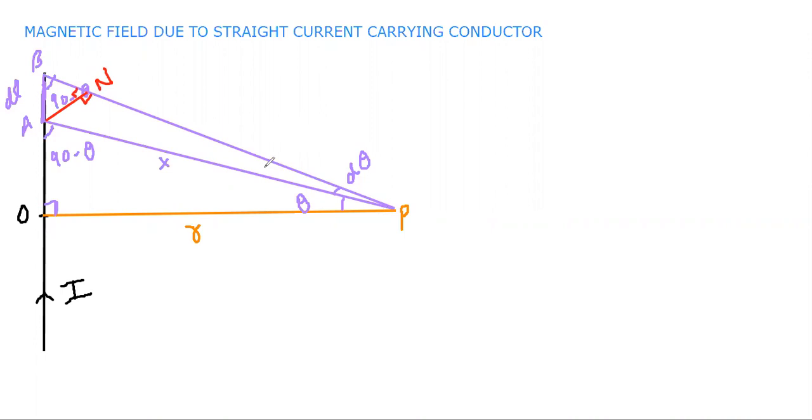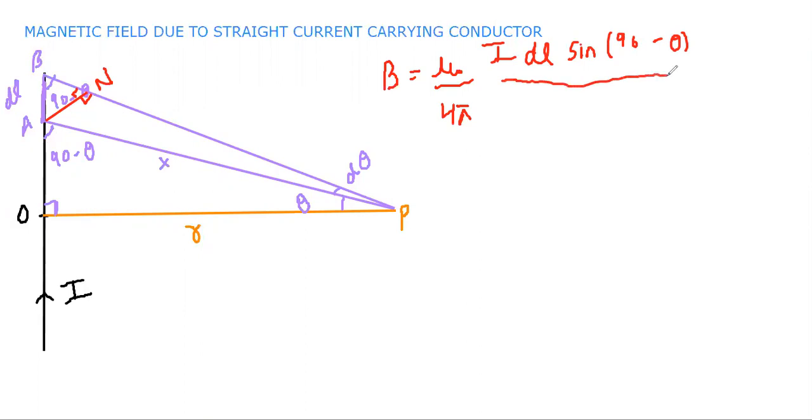Now I'm using Biot Savart law, that is B is equal to mu naught by 4 pi I dl sine theta. Now theta here is 90 minus theta, so I will write I dl sine 90 minus theta divided by r square. The distance from point P to that length element is x, so it becomes x square. We know sine 90 minus theta is cos theta.